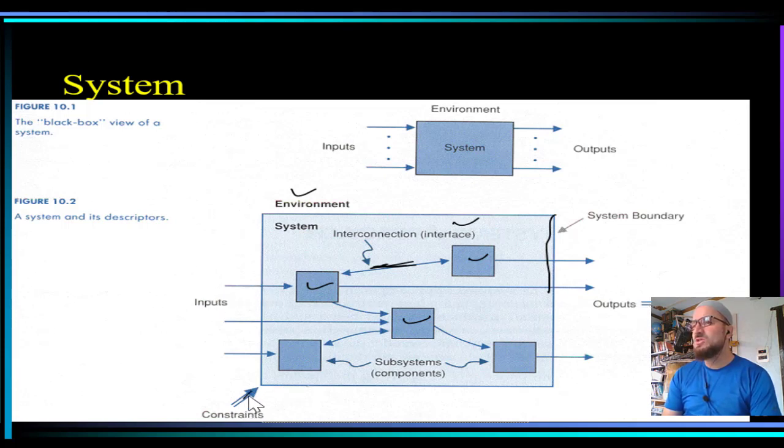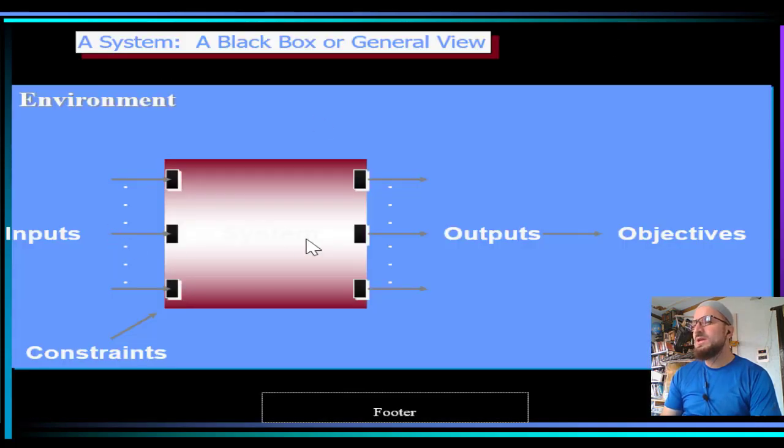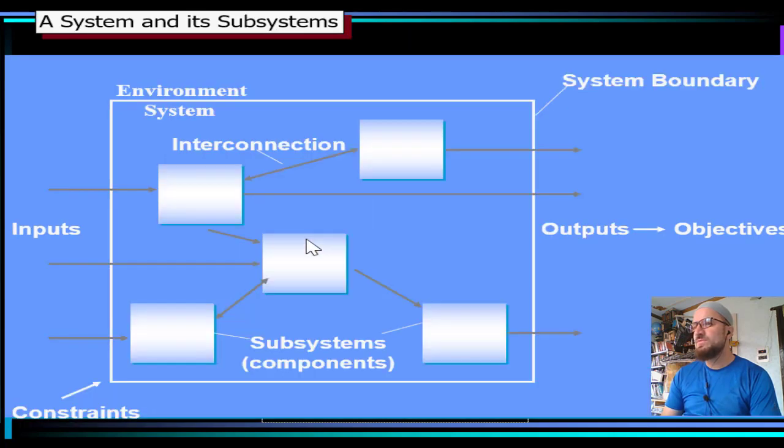There are also some constraints that our system has to obey. So overall, the system has inputs and outputs and works in the environment, and a system has subsystems interconnected by interfaces, as you can see in this diagram. This is the black box general view.